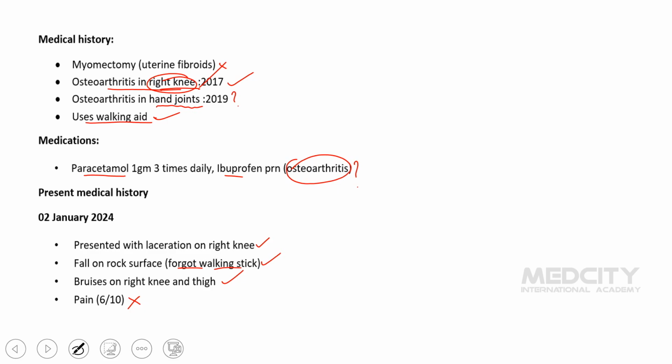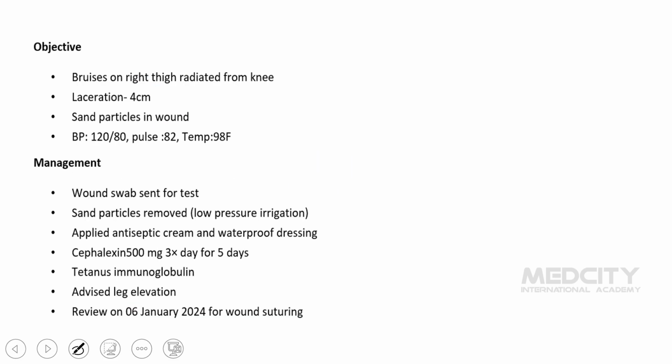Then regarding the objective data, what you found: bruises, laceration of 4 centimeters is relevant, and sand particles, of course, because it was contaminated, as you find out later. All these are normal values, so for that reason you can ignore them. Then regarding the wound swab, you can mention it because later on the test turned out to be positive.